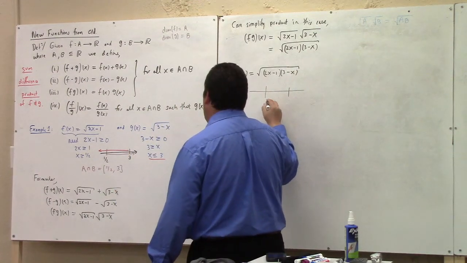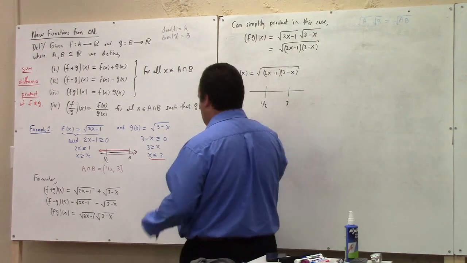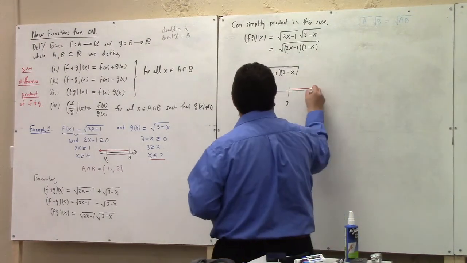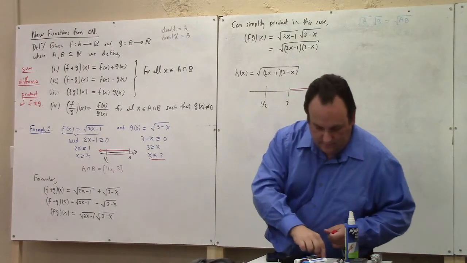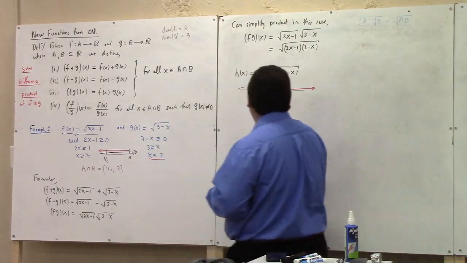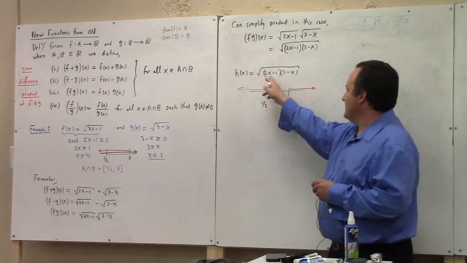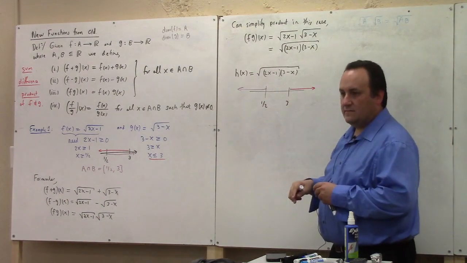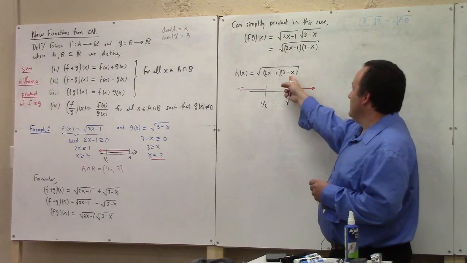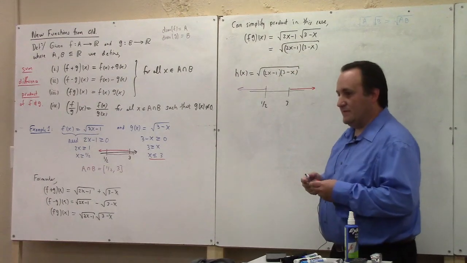The other case that I'm worried about would be like this, the red one would look like that, and the burgundy one would look like this. And if you think about it logically, there's no x which simultaneously makes both of these negative. So despite the fact I simplified it, it still has the same domain as the original unsimplified formula.